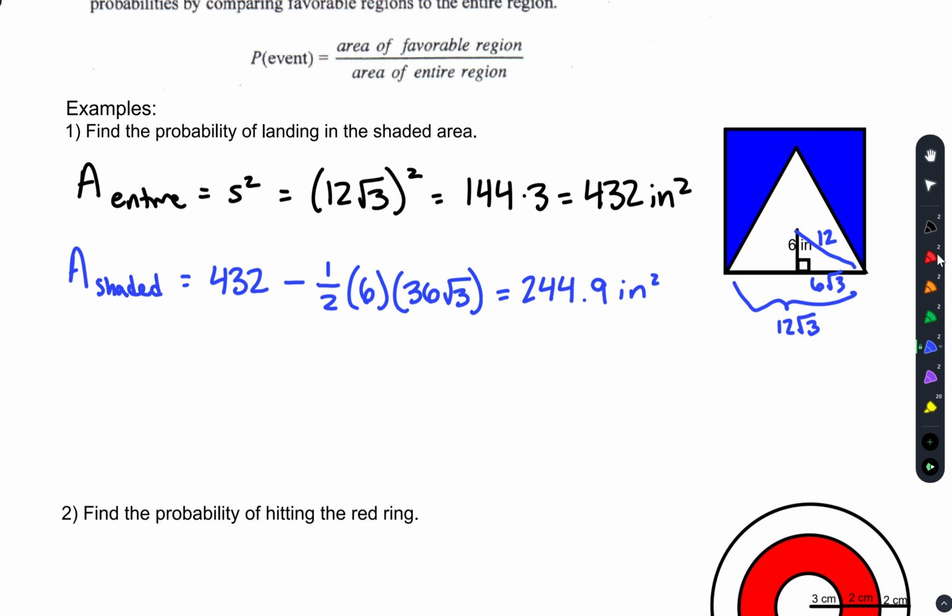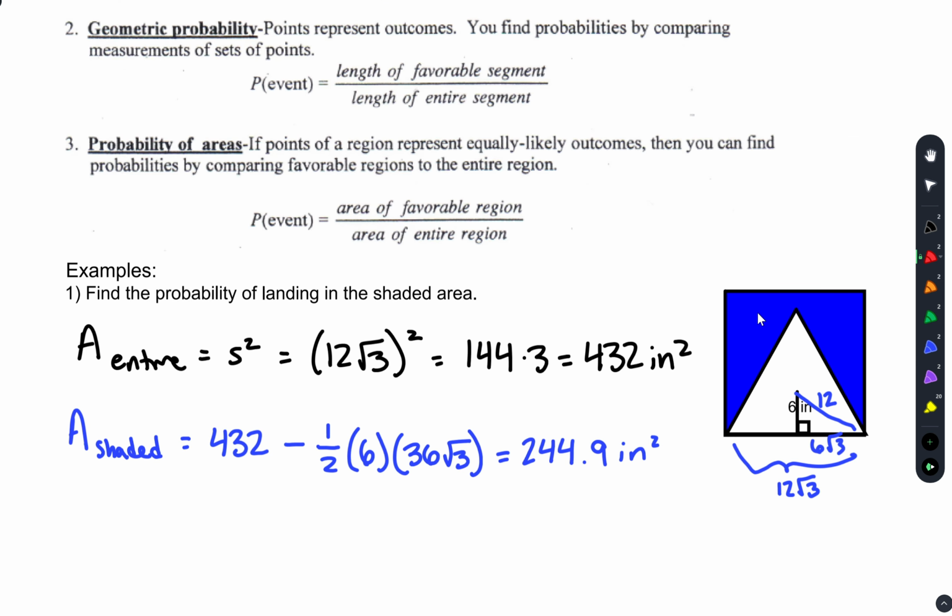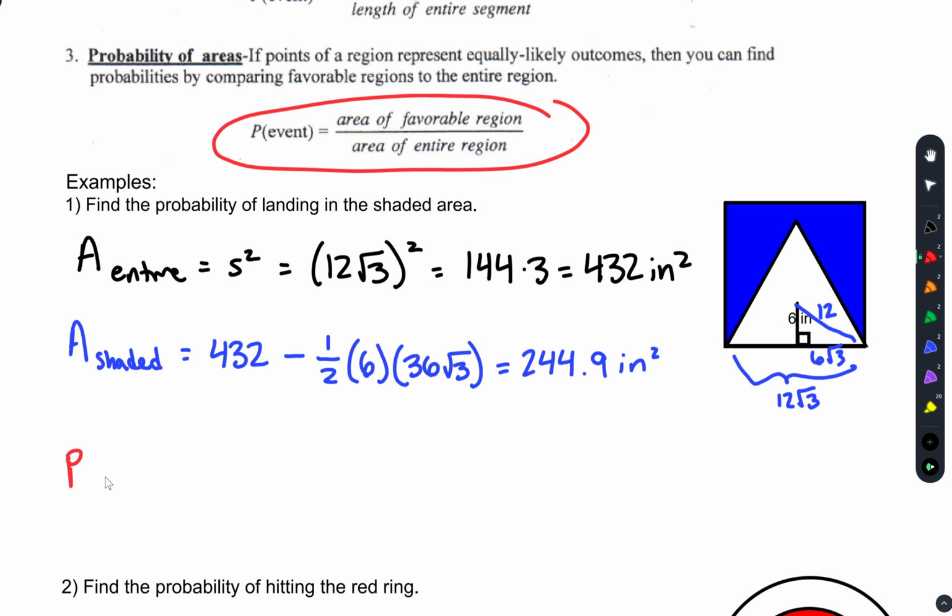Okay. The last step then is to figure out the probability that we land in that shaded region. So we're going to say the probability that we land in the favorable area is the area of the favorable, so 244.9 over the entire area for 32 inches squared.